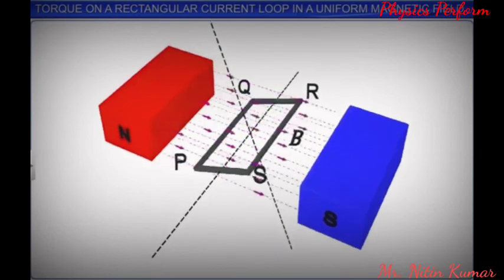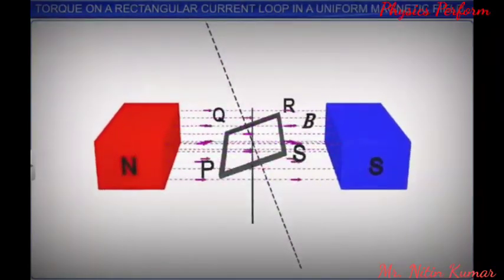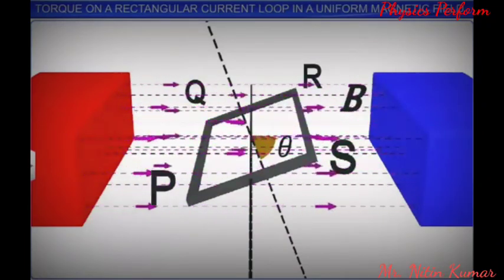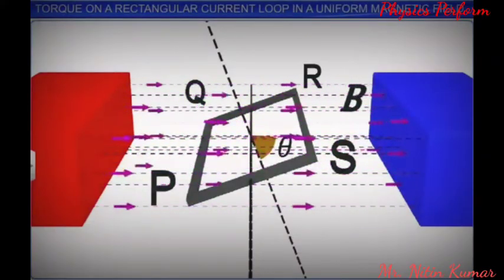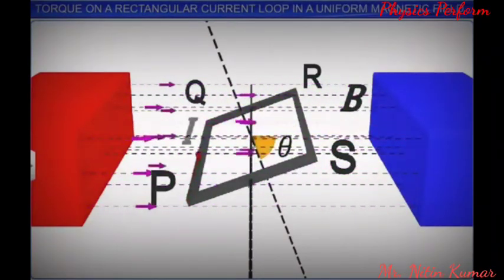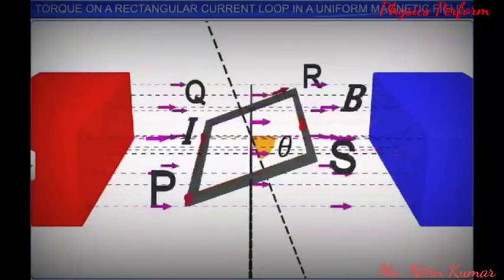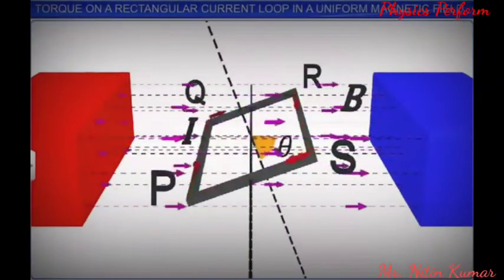Now let us consider another case where the magnetic moment makes an angle theta other than 90 degrees with the direction of the magnetic field. That is, the angle between the directions of the area vector and the magnetic field is other than 90 degrees. When the current passes through the rectangular loop, the magnetic field exerts some force on the sides of the rectangular loop as discussed earlier.